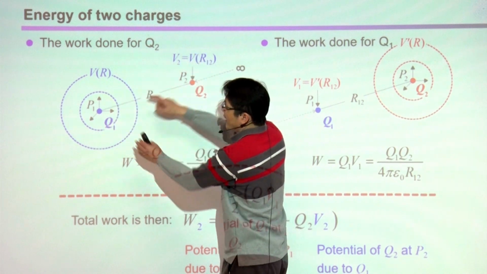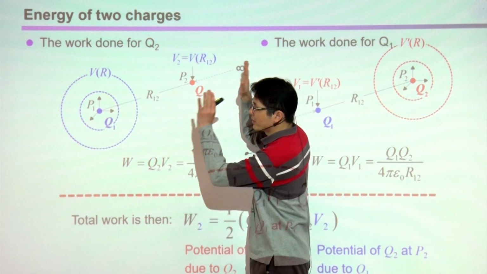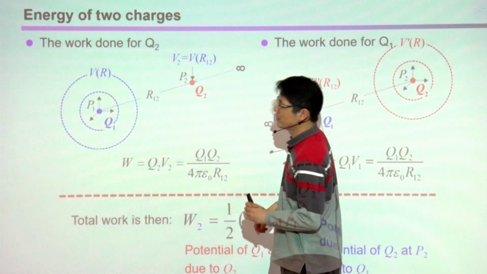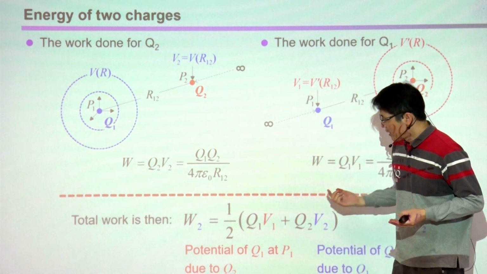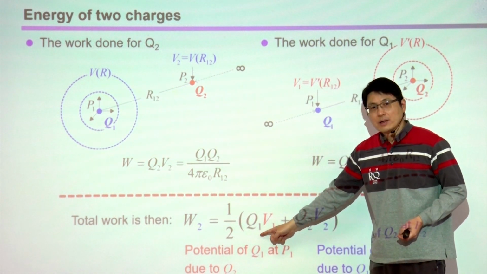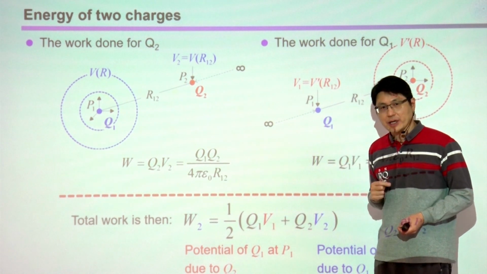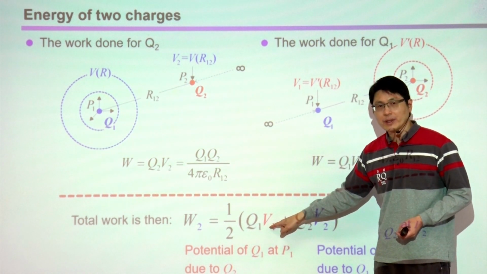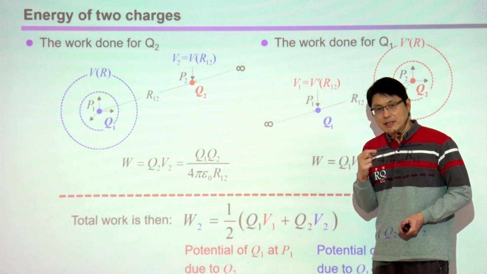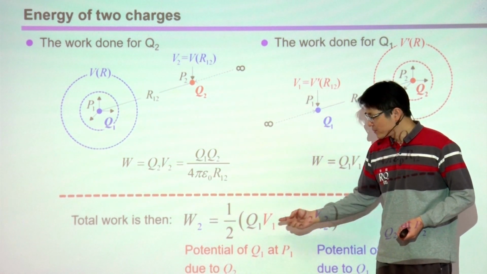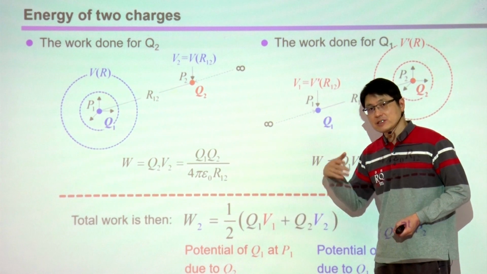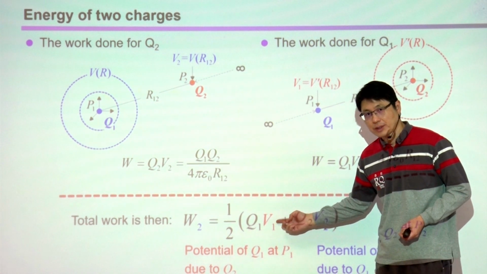So I'm looking at these two particles. They're already there, and I get to say, well, when I'm bringing the first charge into its location, I have to work against the electric field lines generated by the second charge. Right?